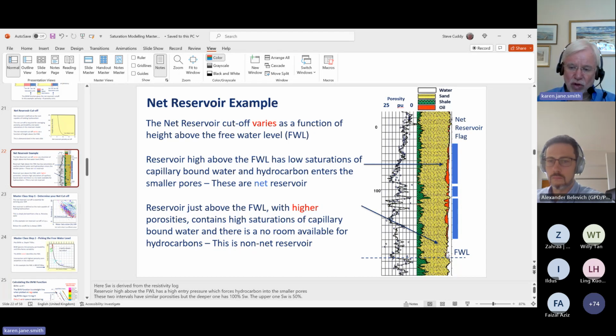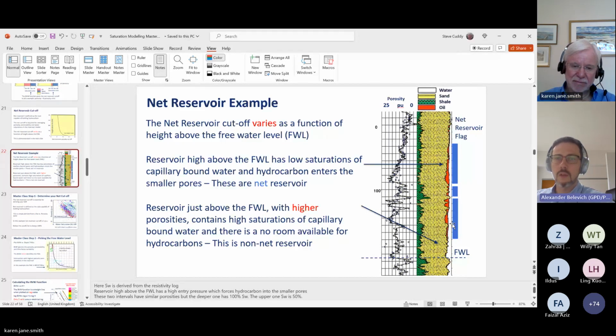As we get closer and closer to the free water level, we will get more and more net. Net, remember, is the ability to hold hydrocarbon. Now down here, the water is taking all the pore space. So even though the permeability and porosity is very high here, the water will not give up any of its space to the hydrocarbon. So it is incapable of holding hydrocarbon and is non-net.